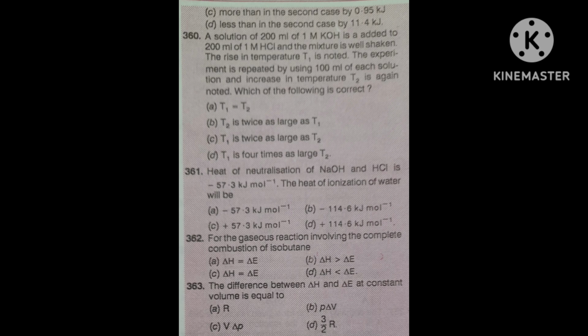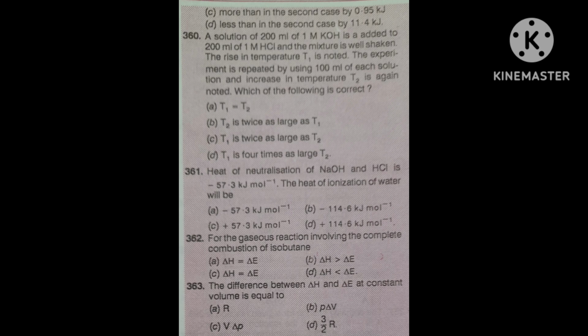This numerical is based on concept. Here NaOH and HCl will neutralize each other. NaOH plus HCl forms NaCl plus H2O. Means H plus and OH minus are forming H2O.